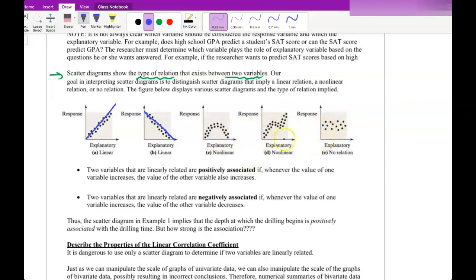And for this one, we don't have any relation between x and y. But here, as you can see, we're not able to draw a straight line. That's why this is non-linear, and here also is non-linear. But these two are linear. The difference between these two is that here the slope is positive and here the slope is negative.